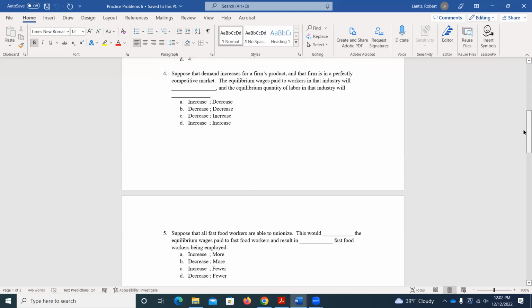We started out with a certain quantity and wage, right? Equilibrium. So this one says if demand increases for a firm's product, right? We said the demand for labor is explicitly, so here I'm going to write DMPL, the value of the marginal product of labor, that reflects a company's demand for labor, right?